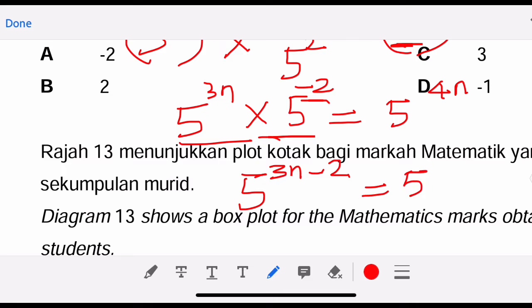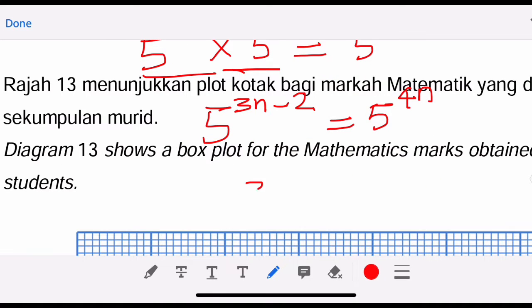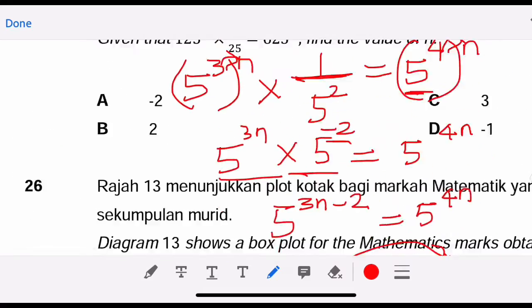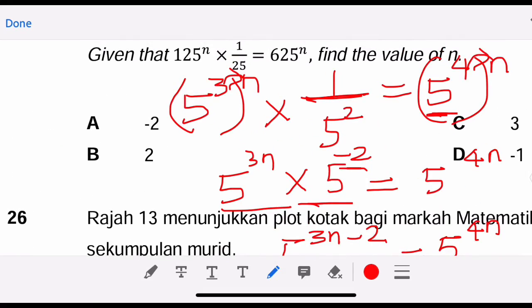So we always do it until one term on the left, with the same base as one term on the right, and then we solve, right? Okay, bring over, 4 minus 3 will be 1n. So n is negative 2. Alright? n is negative 2. So the answer will be A. Be very careful. This is negative 2.